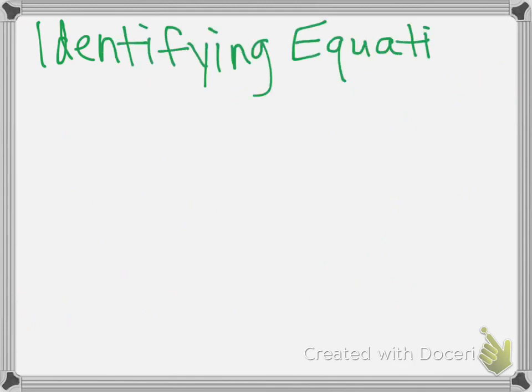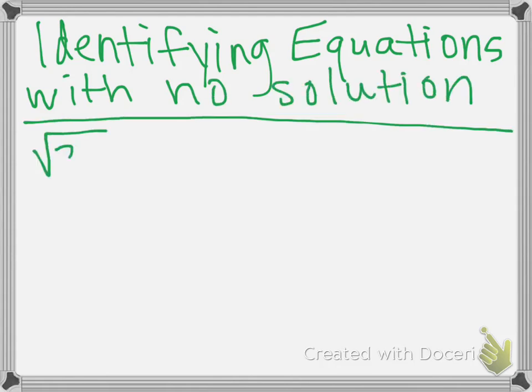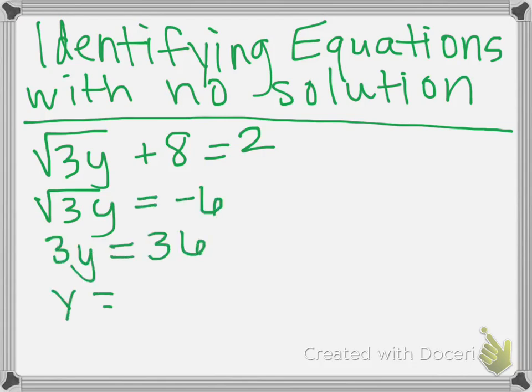Alright, so now we're going to look at identifying equations that are going to have no solutions. So if I gave you the square root of 3y plus 8 equals 2, we're of course going to subtract 8 from both sides and then square it, in order to get 3y equals 36, so y will equal 12.